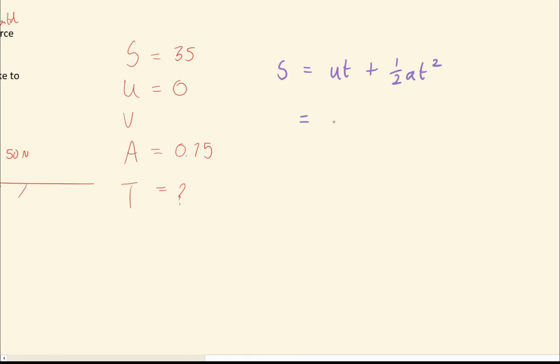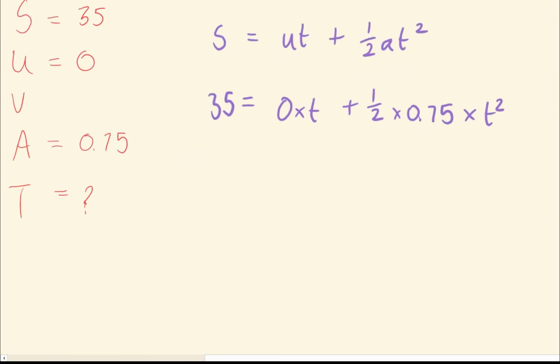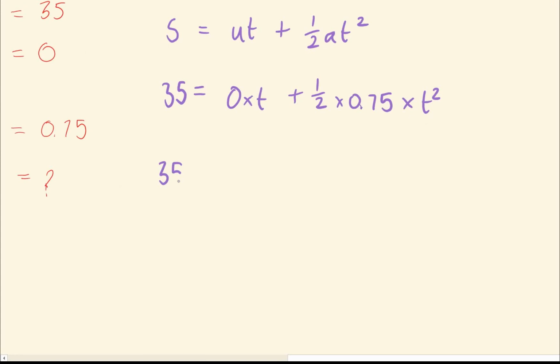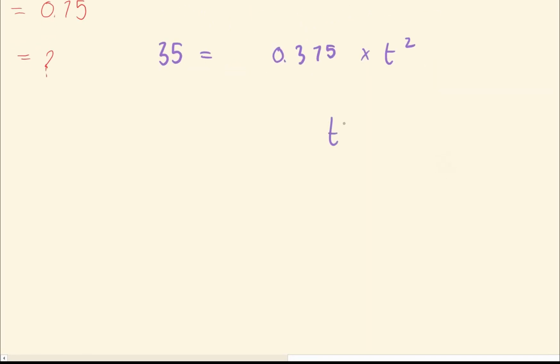So filling that in, we've got 0 times time, S is 35, plus a half times 0.75 times T squared. So we've now got 35 is a half times 0.75, which is 0.375, times T squared. We can then work out what T squared is by dividing.